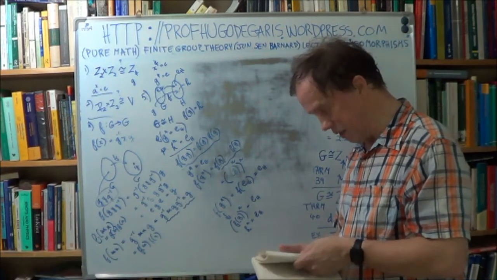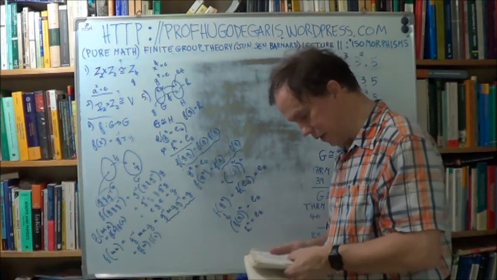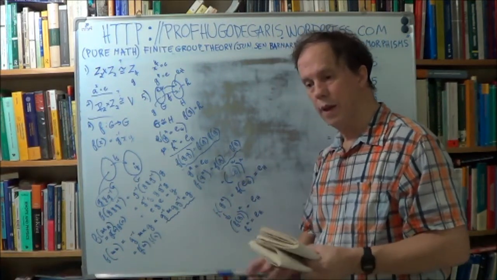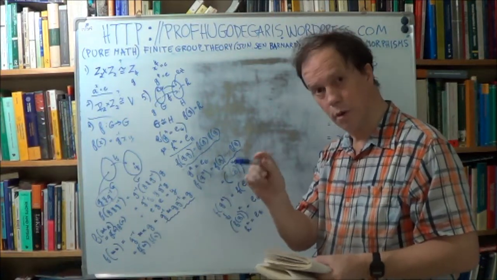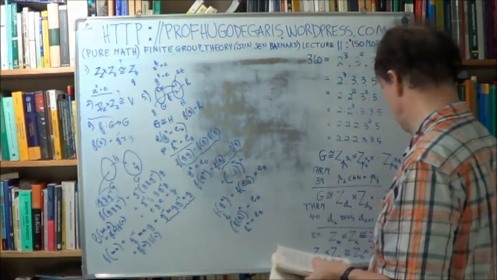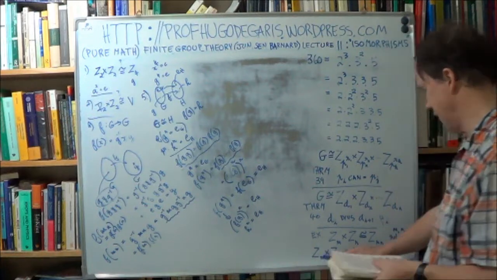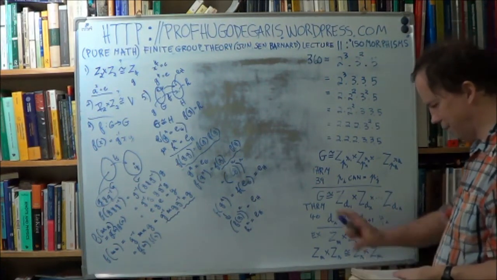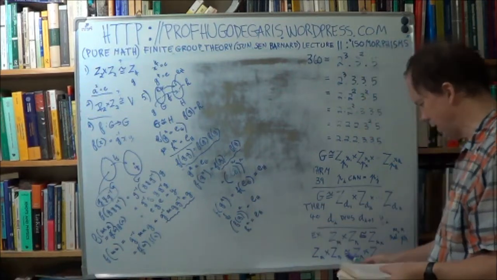Question 9 is, if you have two groups G and H, and you take their direct product. Here's an example of one: if that's G and that's H, when you swap them around, they're still isomorphic.